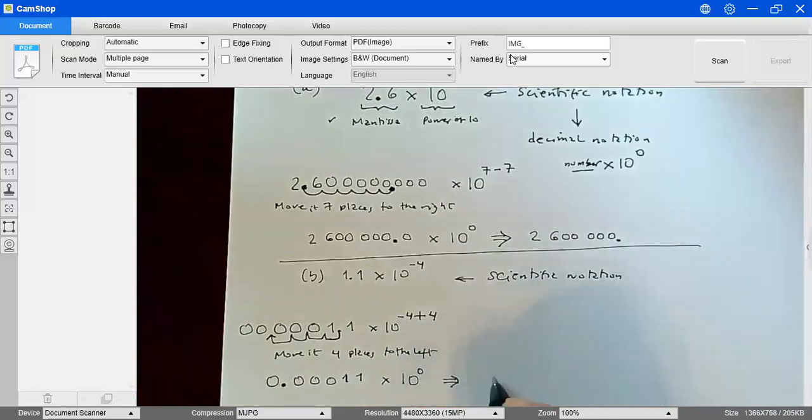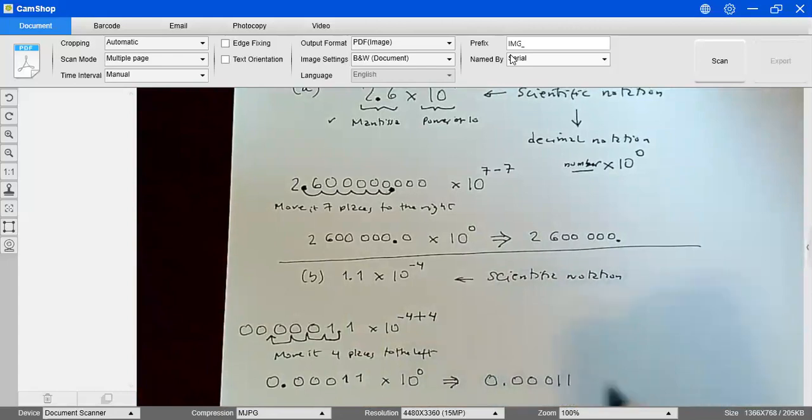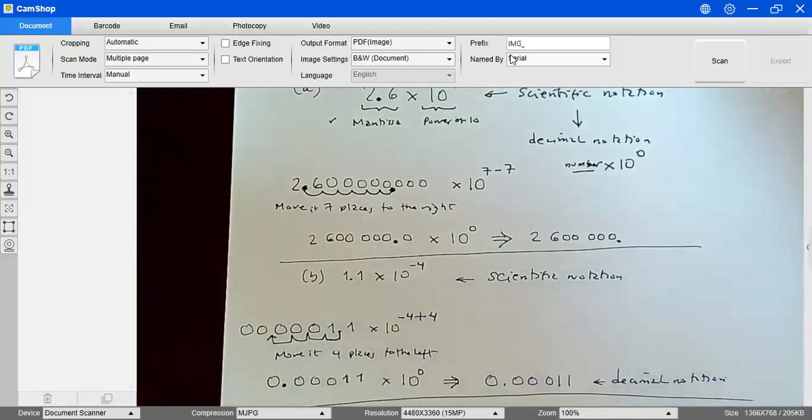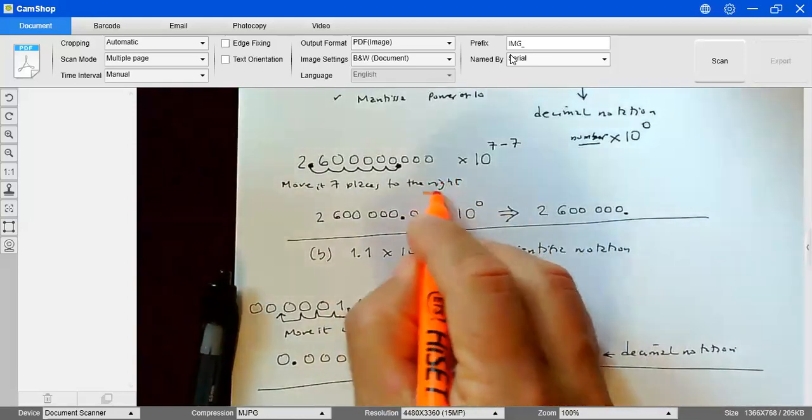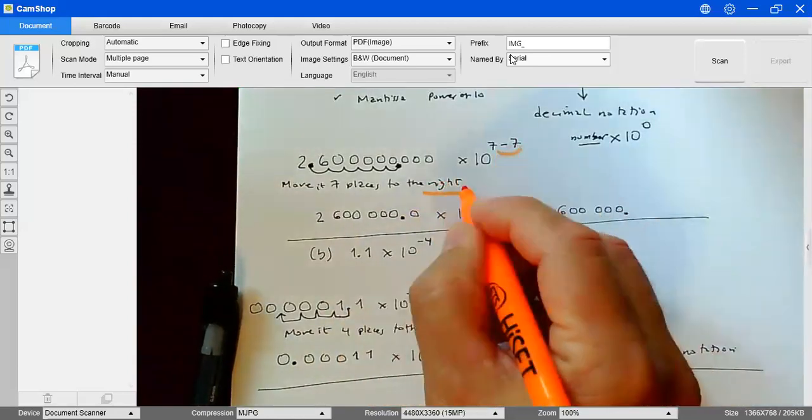So the final answer is 0.00011 is the number in decimal notation. So this is when you need to move your point to the left. Remember, you're going to add. So you move it to the right, you subtract.